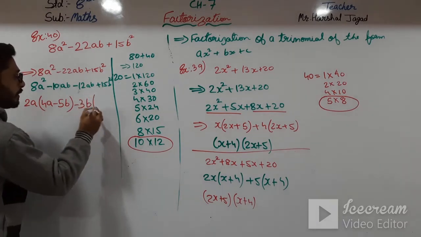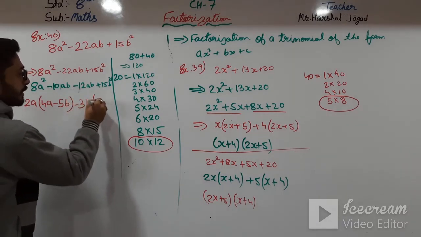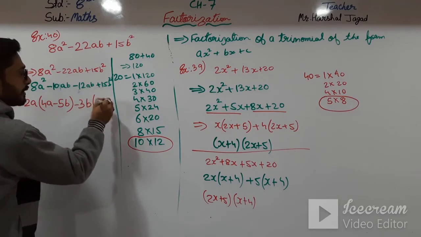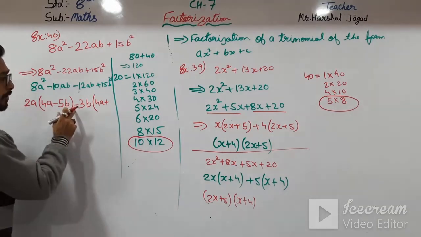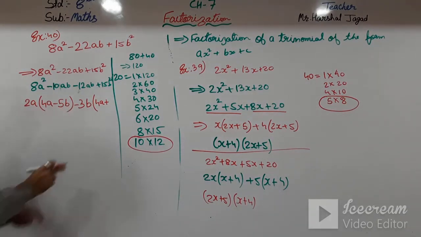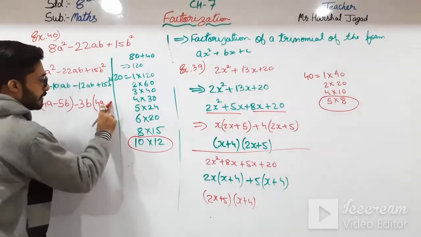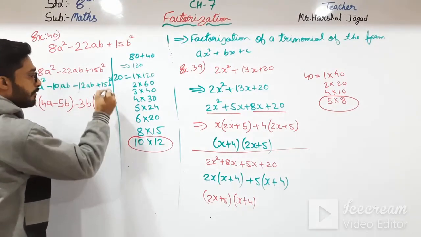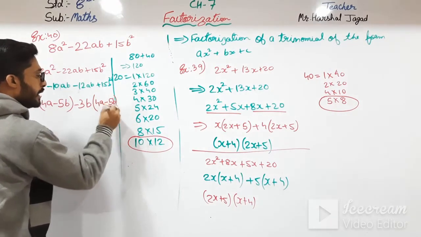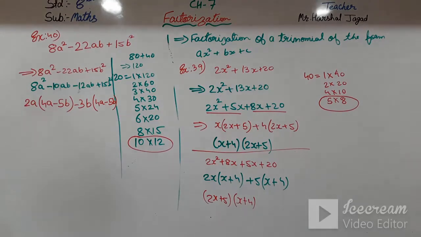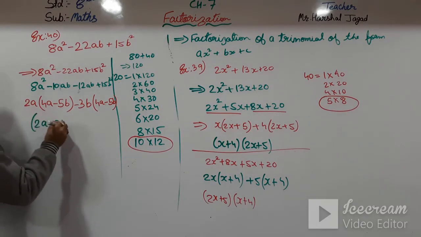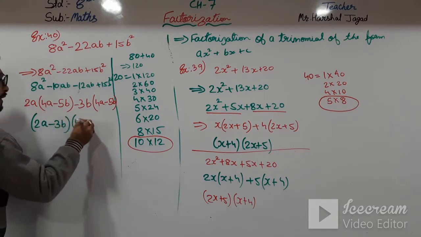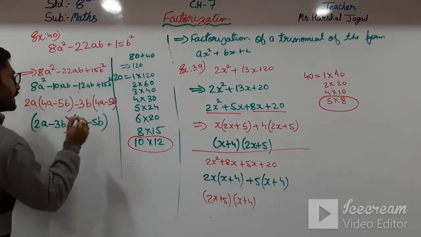Then here it will be 3 4s are 12 and a as it is. Not plus, here we have taken out the minus common, so here it will be minus 3 5s are 15b. So you can see here we have got two brackets, that is 2a minus 3b, and the other bracket, that is 4a minus 5b.